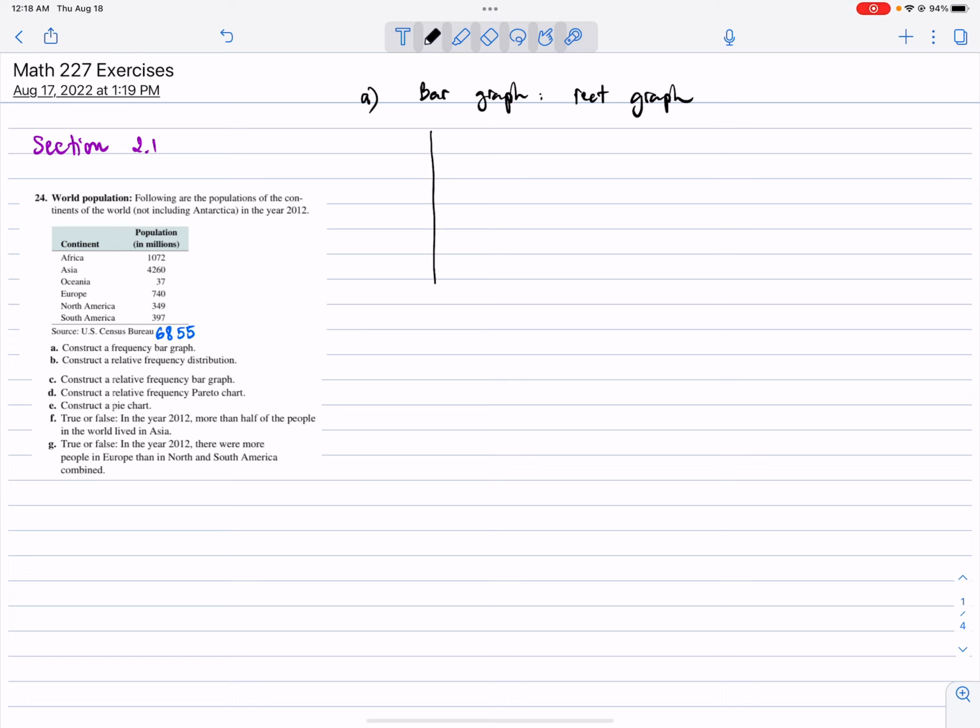So we will have two dimensions. The first one, horizontal, will represent the continent, and the vertical one will represent the population, and that is in millions.